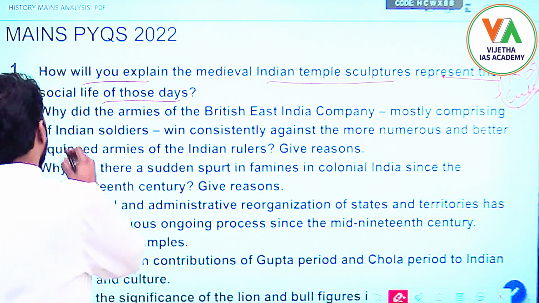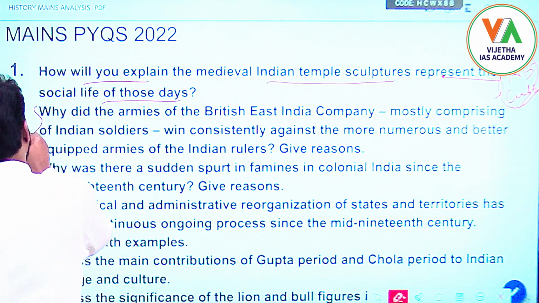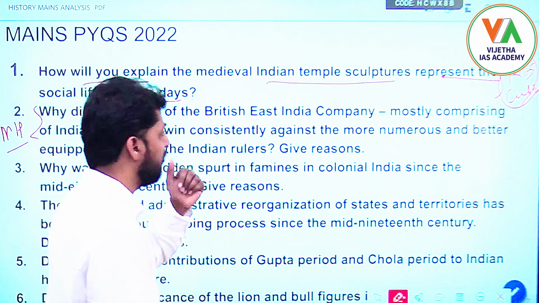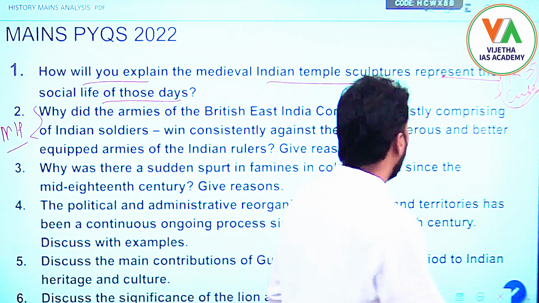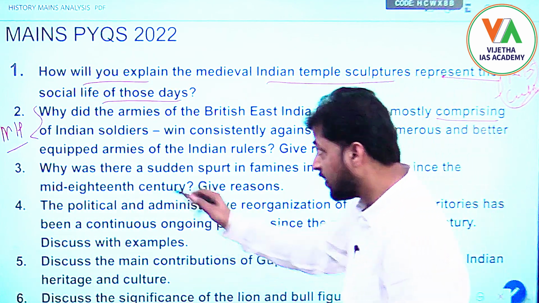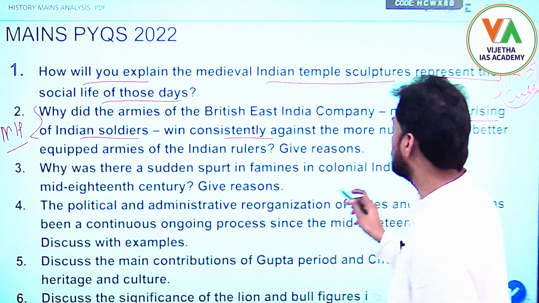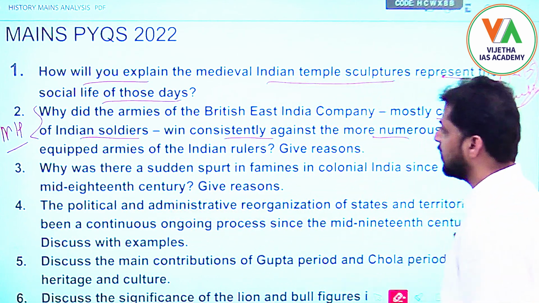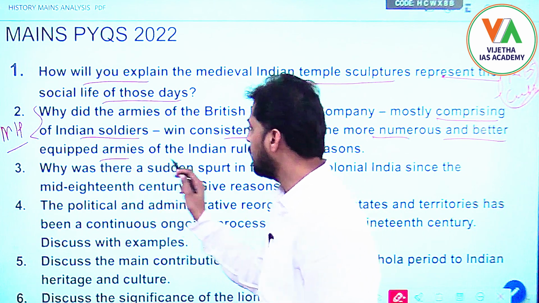Similarly, again you will find a modern history question, that is, why did the armies of the British East India Company, mostly comprising Indian soldiers, win consistently against more numerous and better equipped armies of Indian rulers?